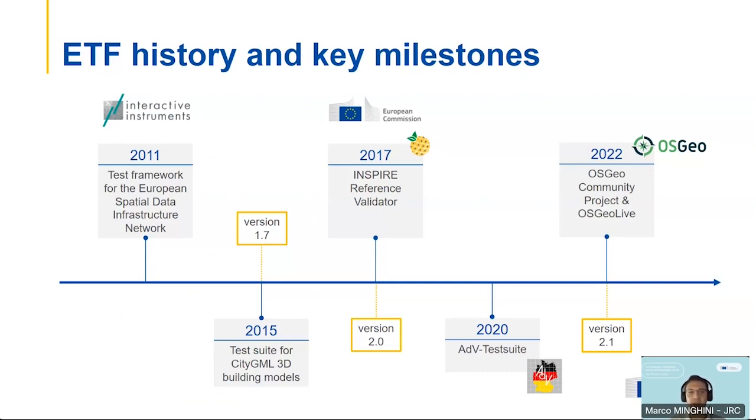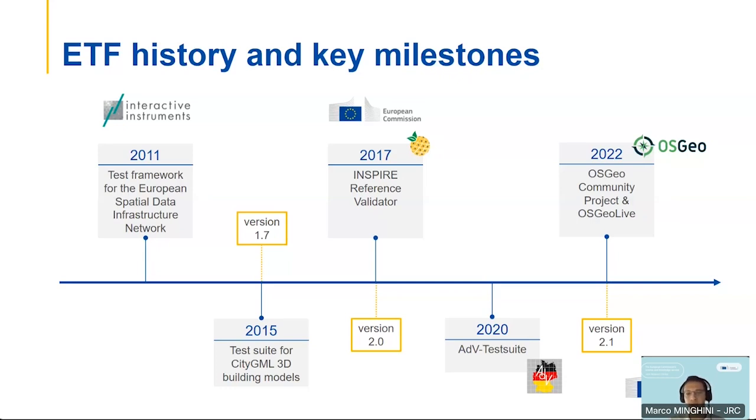That was the European Spatial Data Infrastructure Network. In 2015, version 1.7 of the application was released. This was the first version with a web user interface and with test reports in PDF format. And the idea here was to help German member states to validate their 3D building models in the CityGML encoding.